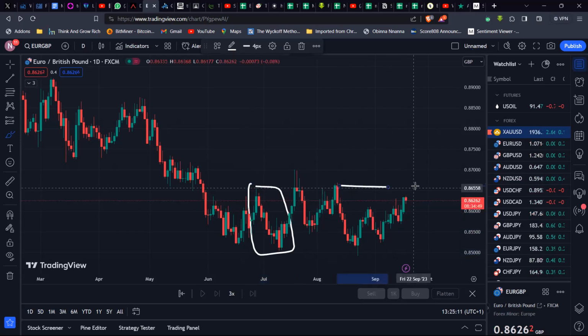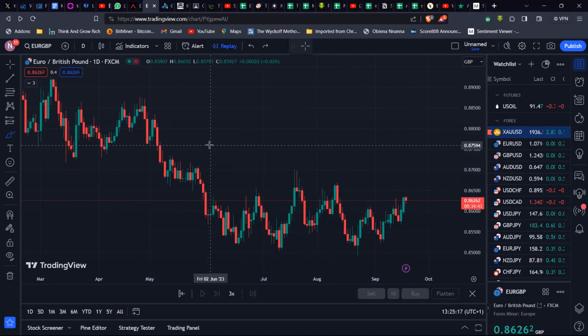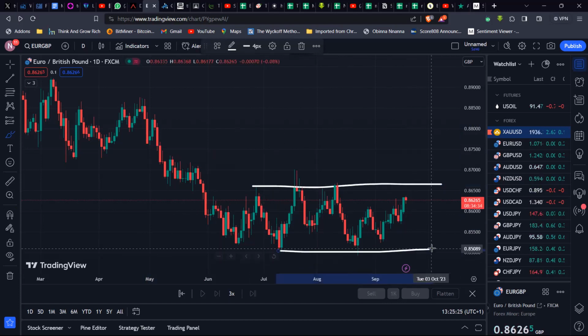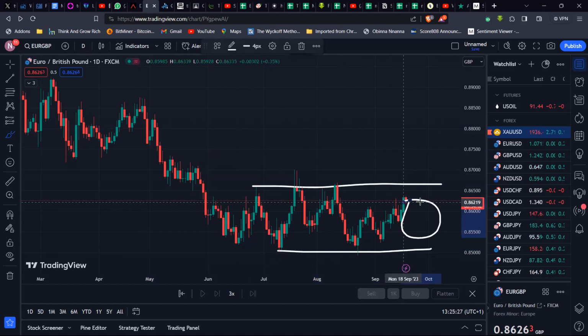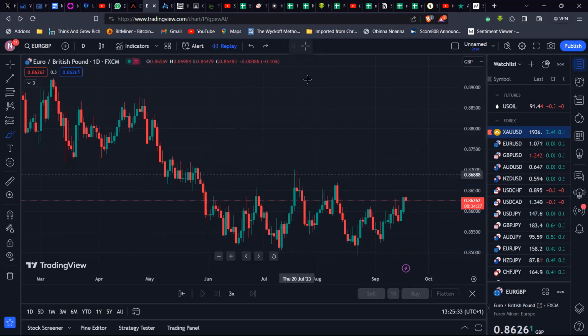But based on the available room to run and the overall context of the market, I probably wouldn't do anything with this one. I either want to wait for price to close above this high or wait for price to close below this low. So within here, I want to basically do nothing. Well, you can look for smaller time frame entries if that's something you really want to trade.